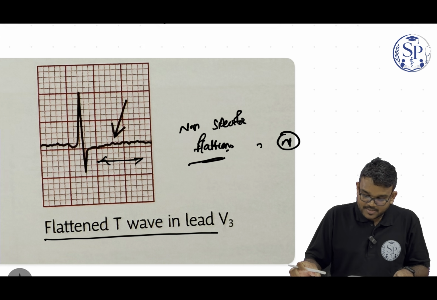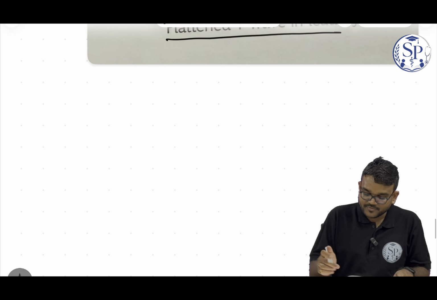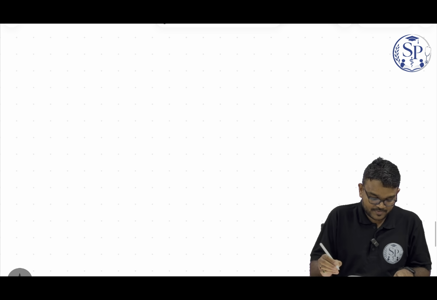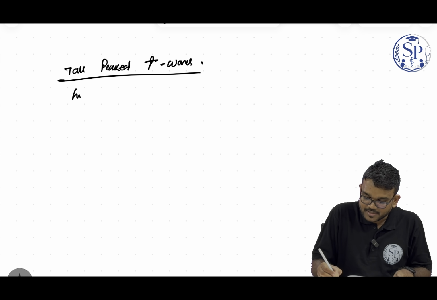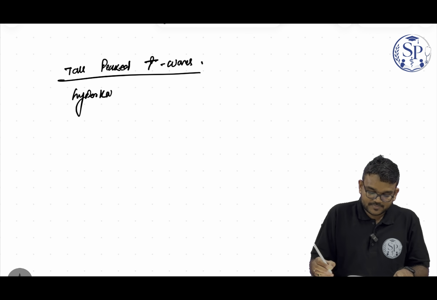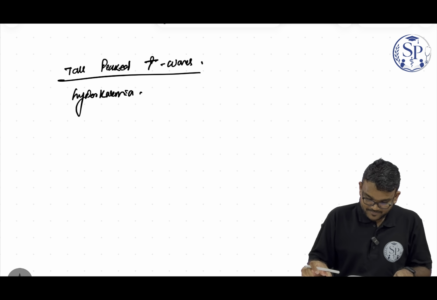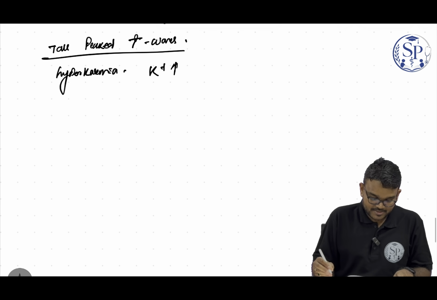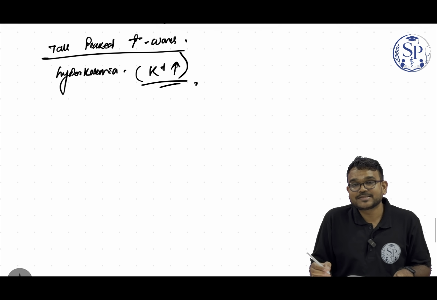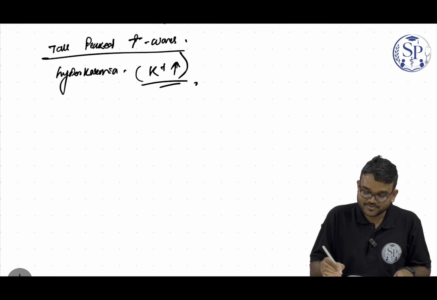Okay. Now, coming to different pathological variations of the T wave, the tall peaked T waves are most commonly seen in hyperkalemia, potassium elevated. They may be seen in early stages of myocardial infarction.